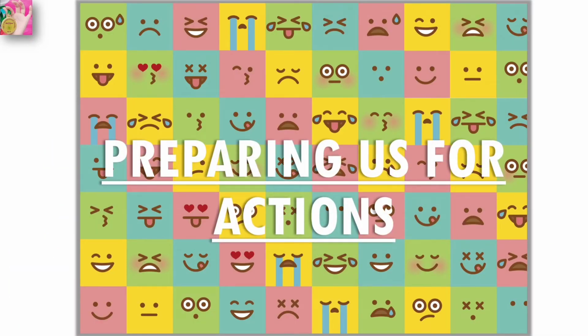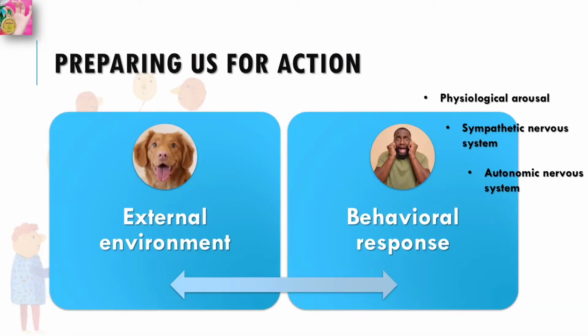Preparing us for action is one of the functions of emotion. According to this, emotions act as a link between events in the external environment and behavioral responses that an individual makes. For example, if we saw an angry dog charging towards us, the emotional response would be fear, associated with the physiological arousal of the sympathetic division of the autonomic nervous system.